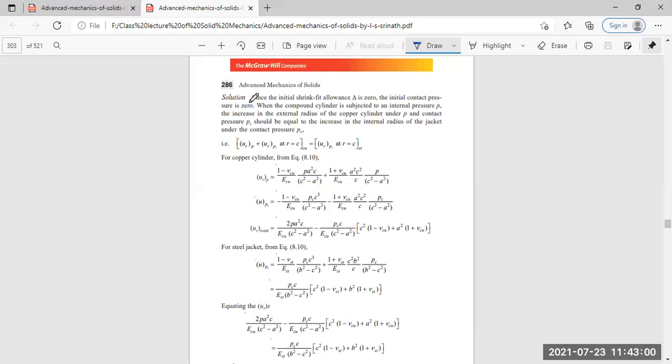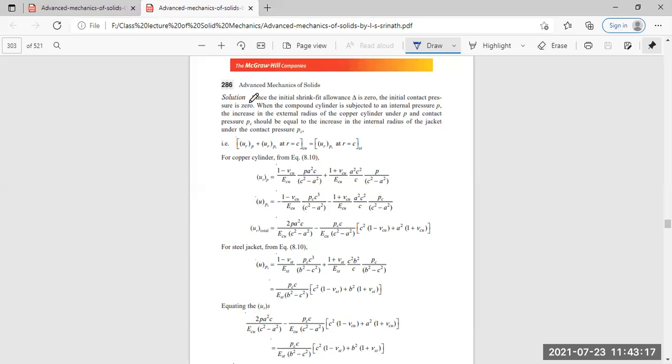contact pressure. So what is clear here, as it is snug fitted, there is no shrink fit tolerance or allowance. So there is no internal pressure initially.